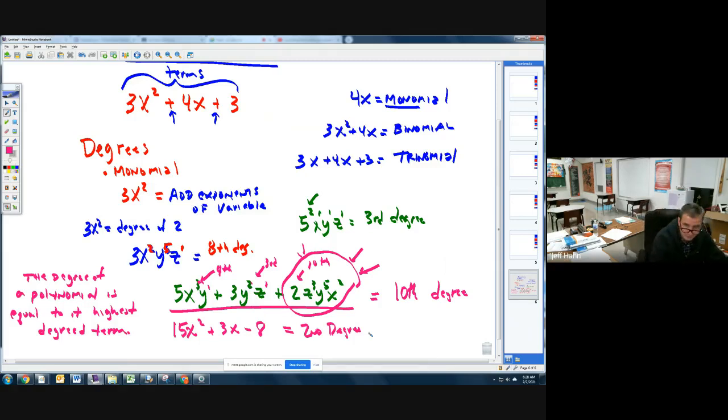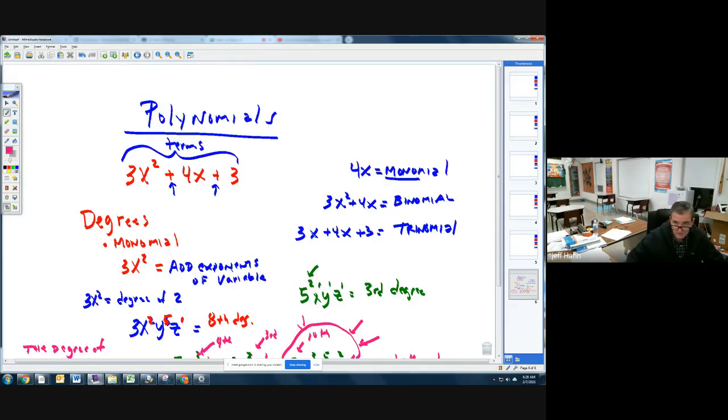A couple other definitions that they give you. The book shoots this out at you. Don't know why. They sometimes talk about what's called the leading coefficient.